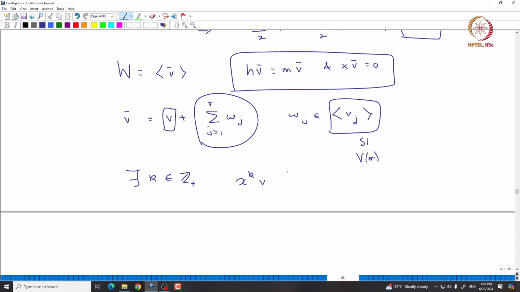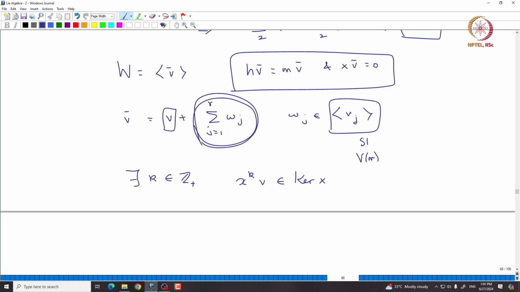So, you can choose k such that x^k v becomes an element of the kernel of x, and then if you apply that same x^k on this element, that is also going to be inside your module.